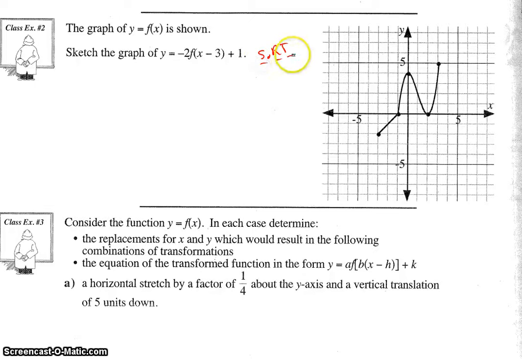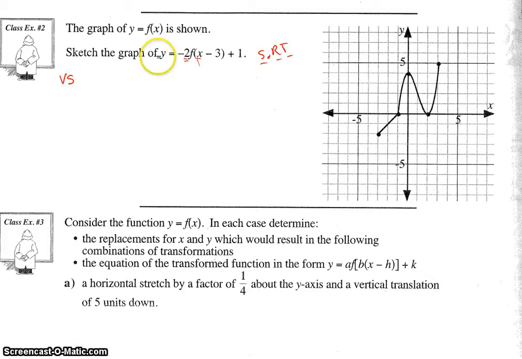So stretch, reflect, translate. Okay, so do we have any stretches? Any numbers being multiplied on the function or by y or by x? Yes, we have a 2 being multiplied. So it's not inside with the x, which means that 2 is going to be a vertical stretch. It's implied to be with y.